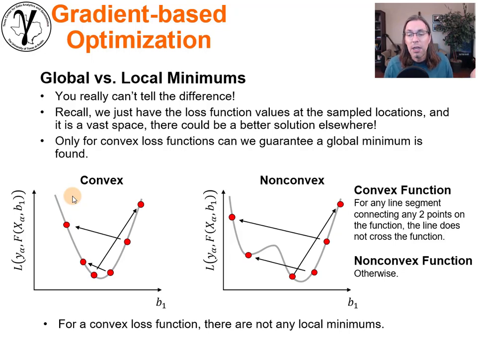You just have the global minimum. You don't have these right here, which would be a local minimum, where we have a better global minimum here. That occurs with non-convex functions. So we have some cases for models in which we know that we'll have convexity, and then we know that all of our solutions, our minimums, will be global.